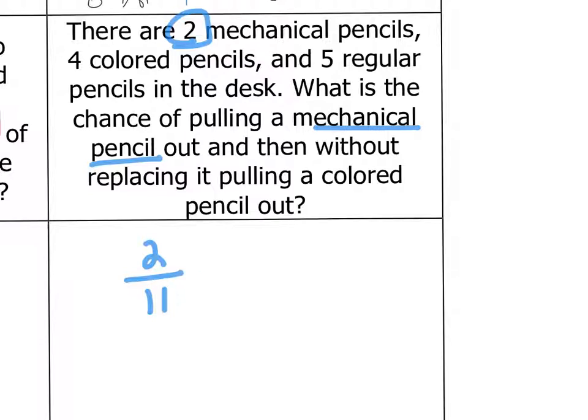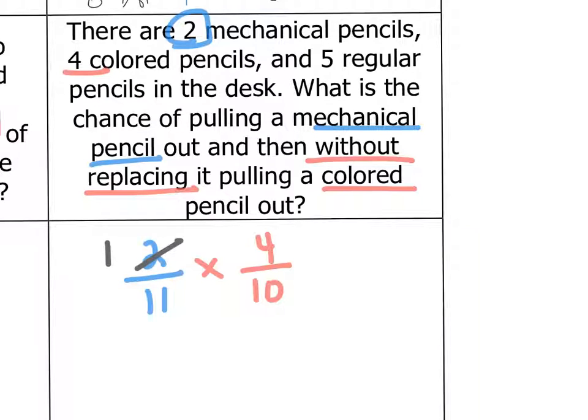So then in our next fraction, we did not replace, which means we're reduced to 10 total writing utensils, and we want a colored pencil now, and there are still 4. So now I'll simplify before I multiply. 2 goes into 2 once, and 2 goes into 10 5 times.